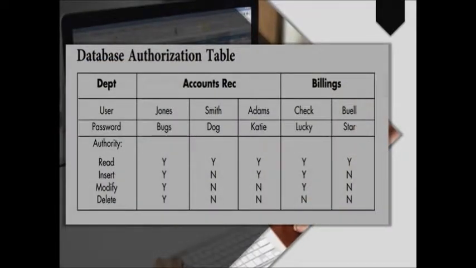But the authorization table shows that only Jones has the authority to modify and delete the data. Each row in the authority table indicates the level of action, which are read, insert, modify, or delete, that individuals can take based on their entering the correct password.